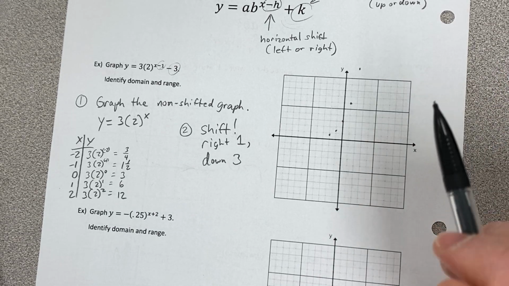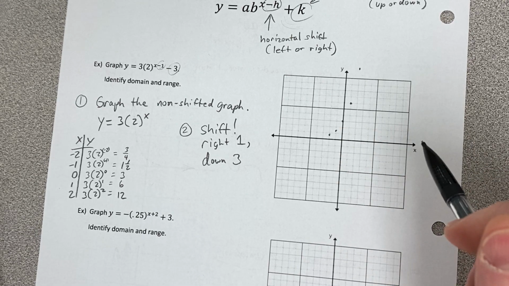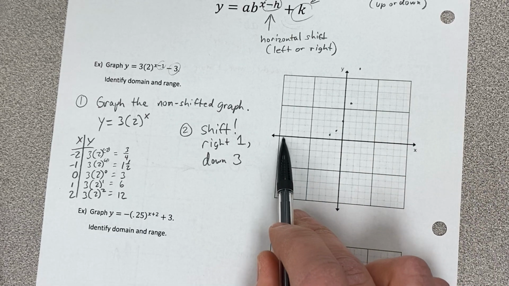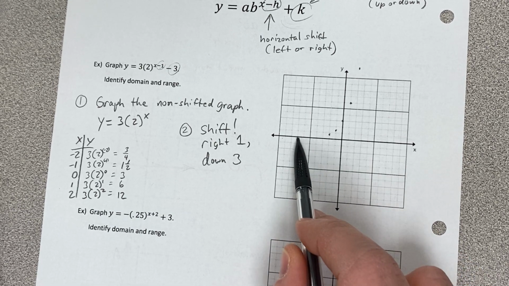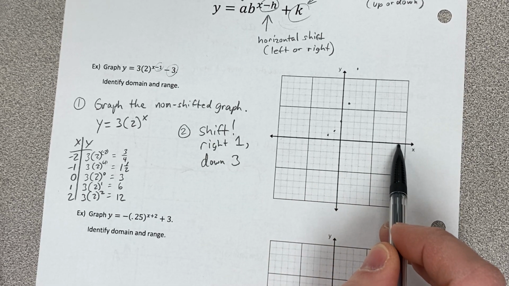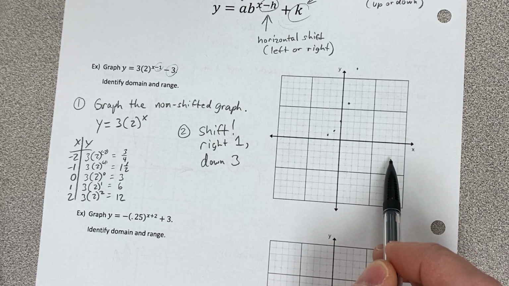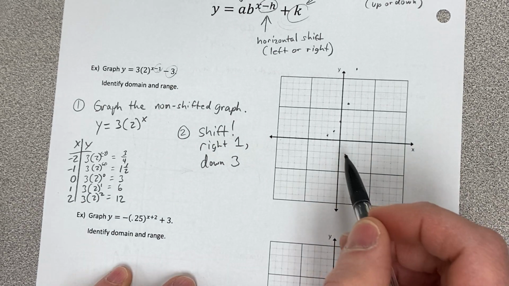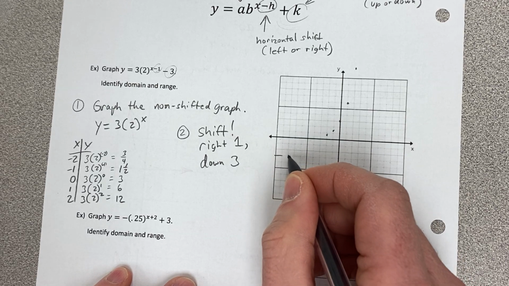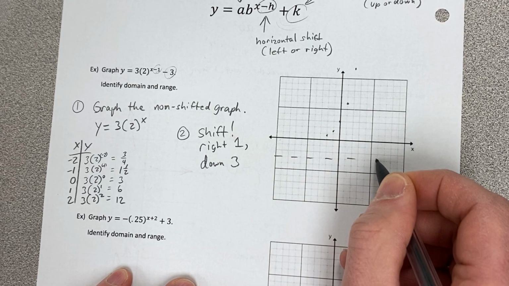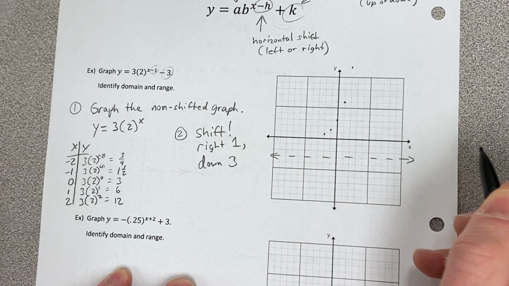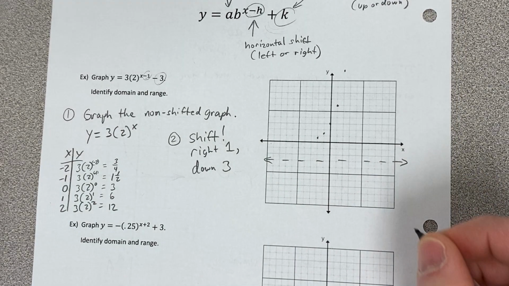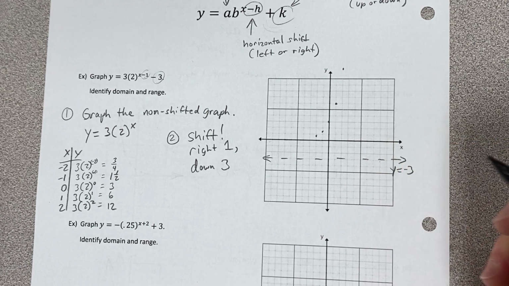Now, guess what else is going to shift right 1 and down 3? This original asymptote is going to shift right 1, which doesn't change it at all. It's still there. But then it's going to move down 3. So go ahead and draw your asymptote, a dashed line, at y equals -3. Go ahead and do that.